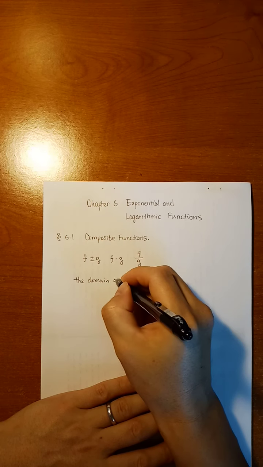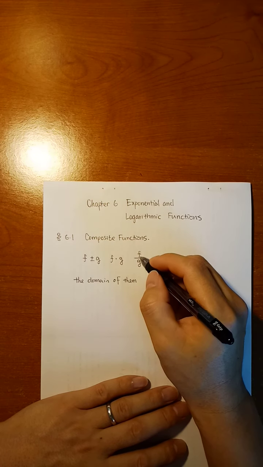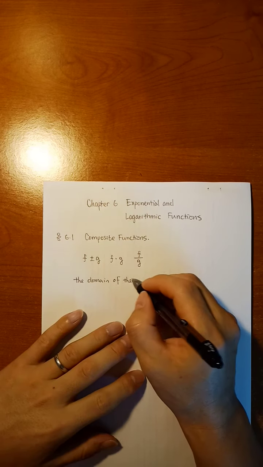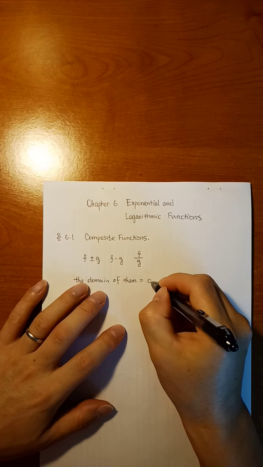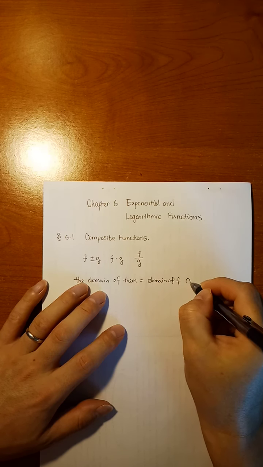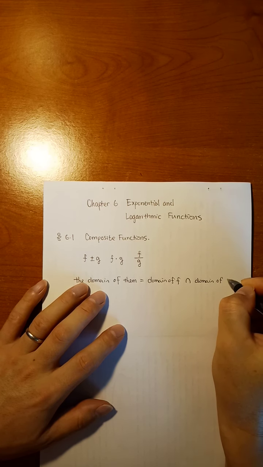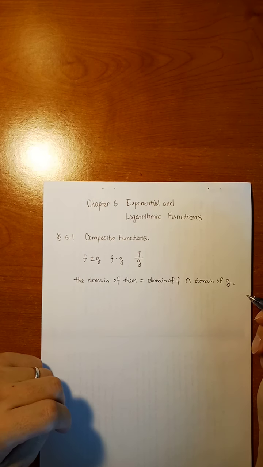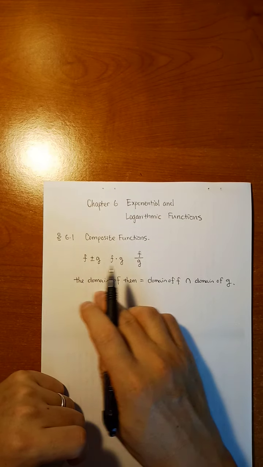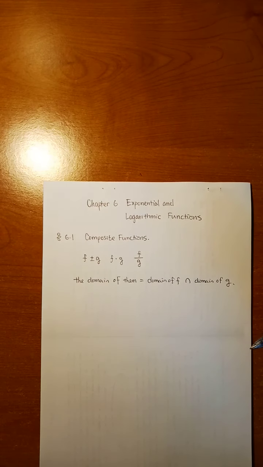The domain of them, except the quotient, which requires something additional, is equal to the domain of f intersect the domain of g. So basically, if f and g have the same domain, then the domain of these constructions is the same.